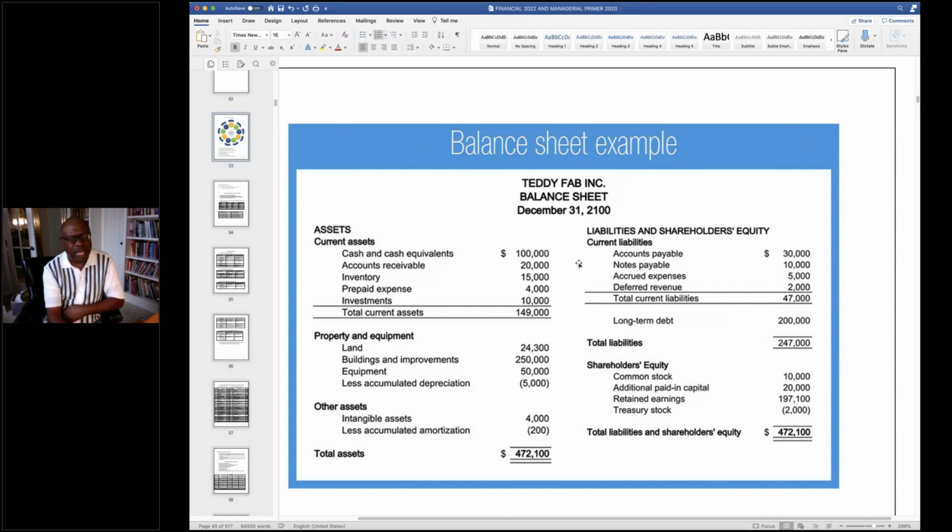You can't convert land and buildings to pay current bills. So we show current assets and we show current liabilities, and we're always looking at that ratio to make sure we can pay these bills as they become due. So that's important for a company.